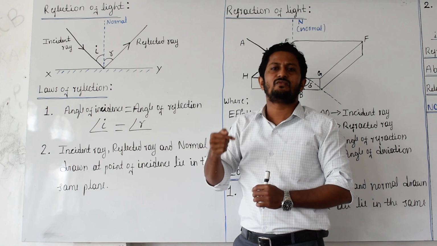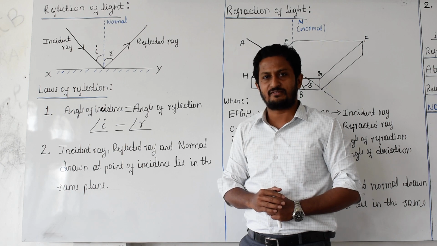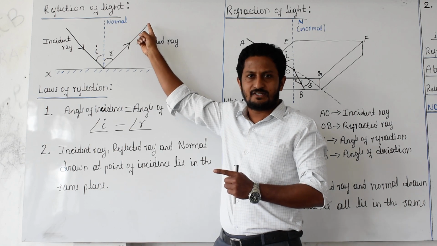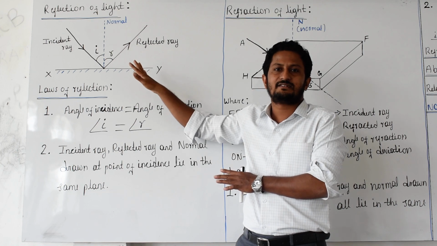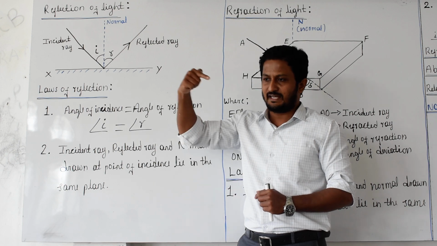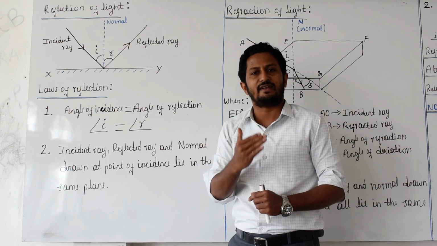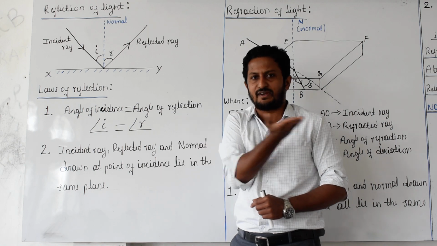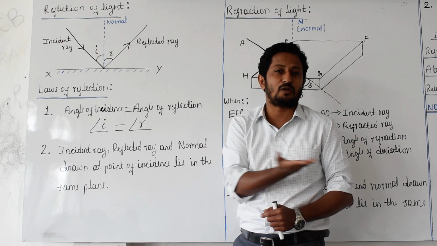This phenomenon we call reflection of light. What does reflection of light mean? The bouncing back of light into the same medium when it strikes any reflecting surface. A reflecting surface means the top surface is reflecting and the bottom surface is coated.